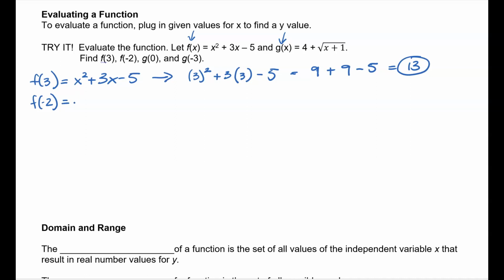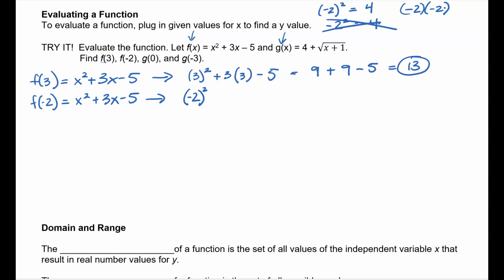So this one's a little bit trickier because you're plugging in a negative. We're dealing with the same function as above, so I'm just going to write that down. When you're plugging in a negative, make sure you use parentheses in your calculator. If you plug in (-2) squared with parentheses in the calculator, you're going to get 4. If you plug it in without them, you're going to get -4, and that'll cause you to get the wrong answer. -2 squared means -2 times -2, and so if you want your calculator to do it, you have to put parentheses.